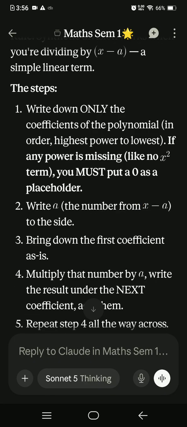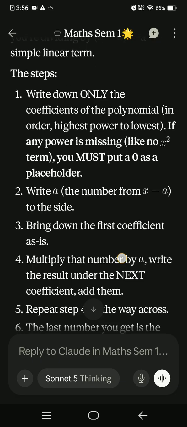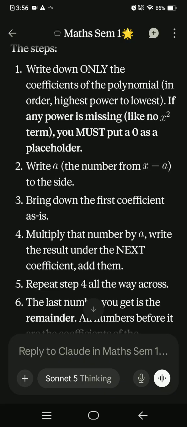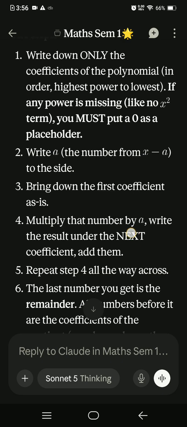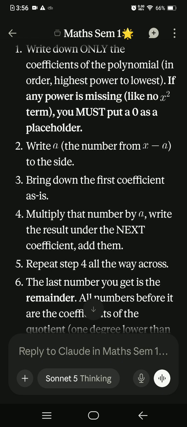Okay, so the steps: write down only the coefficients of the polynomial in order, highest power to lowest. If any power is missing, like no x square term, you must put a 0 as a placeholder. Write a, the number from x minus a, to the side. Bring down the first coefficient as is.